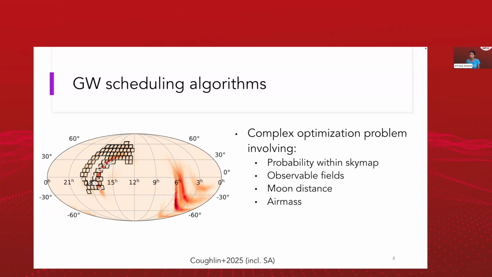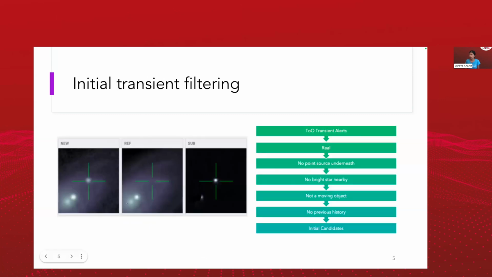The coverage is performed through a complex optimization problem that takes into account the probability coverage within the sky map, observable fields, moon distance, air mass, and other factors in order to determine the order for observing these particular fields that overlap with the localization.